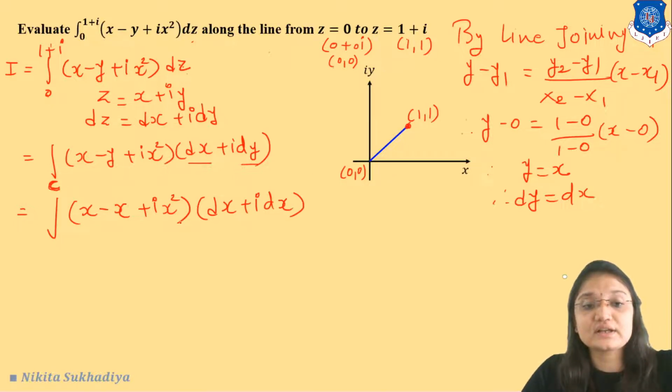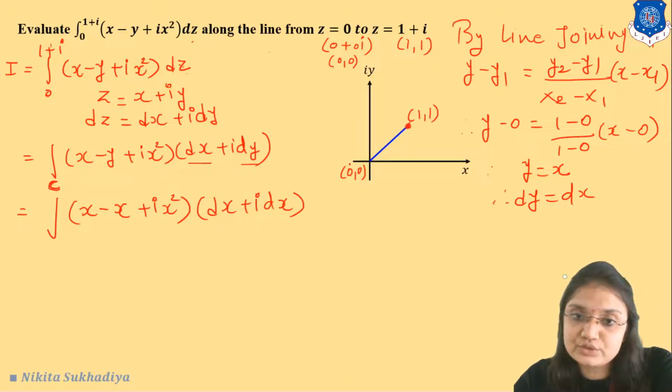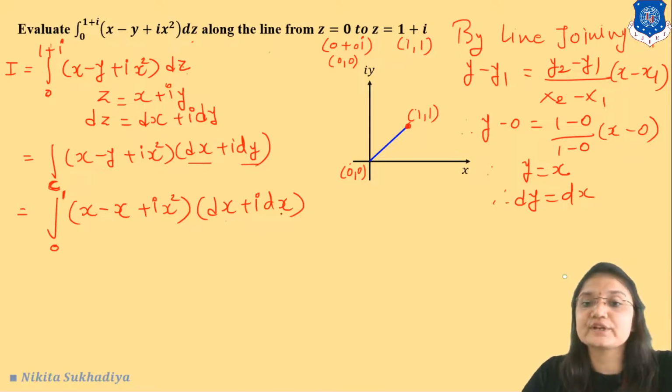Now you can clearly see that this is a function of x, and here I am taking integration with respect to x. So we have to put the limit of x, and that is from 0 to 1. If you are taking integration with respect to y, then put the limit of y, that is also 0 to 1.